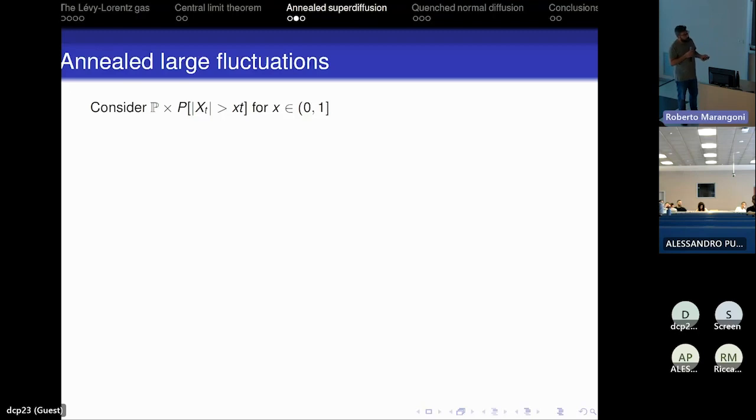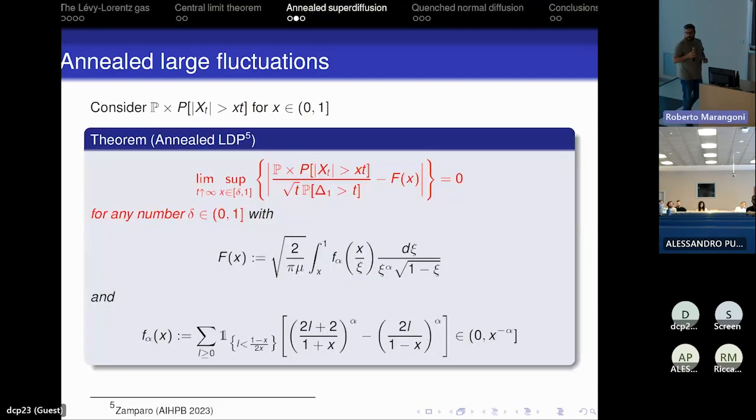This is actually a rare event. Indeed, we have just seen that the typical size of fluctuation is the square root of t. So if you study the displacement on the scale t, we are discussing a rare event. So this is our result to characterize such probability. I don't want to enter into all details of the results since I don't have time.